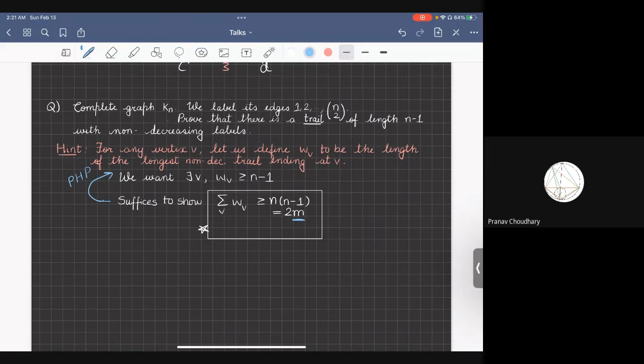Maybe for M edges I can show that the average of WV is at least 2M by N or something of that sort. That's what I'm trying to hint at.